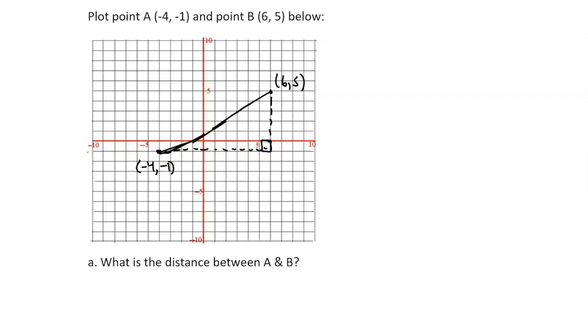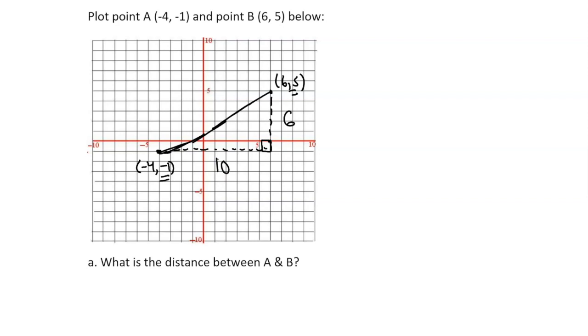So we have something that we'd be able to work with to see the height of the triangle and the length of the triangle. And we can easily count by looking at the y values. If we're at -1 and we're going up to 5, this is a distance of 6 units. And moving horizontally, we're going from -4 to +6, so this is a distance of 10 units.